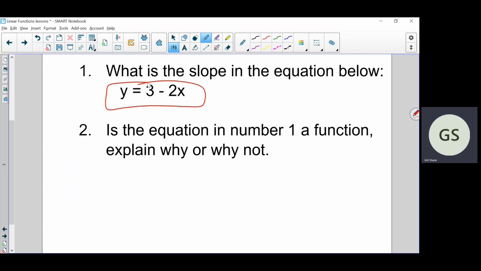If we got a different y value, it's not a function. But what's the problem? I don't have any x and y values in here. I don't know my x value, it's an unknown. I don't know my y value, it's an unknown. So I can't look at a bunch of x and y values and figure out if I'm repeating them or not.